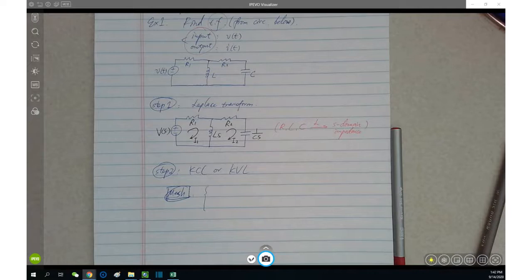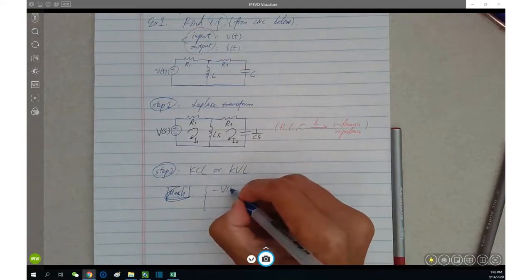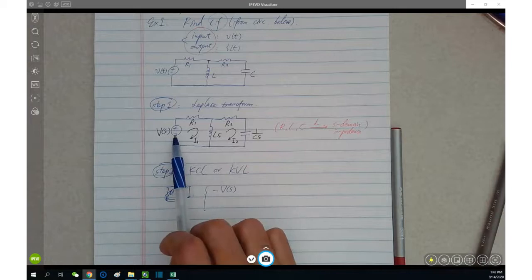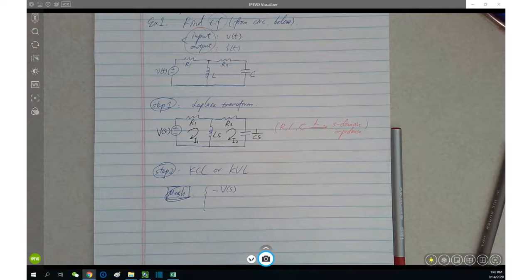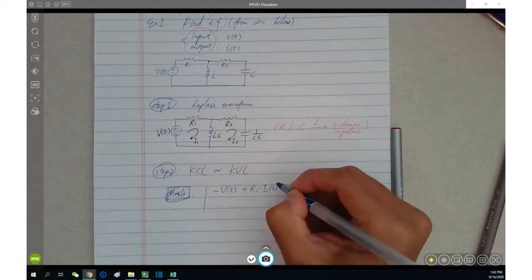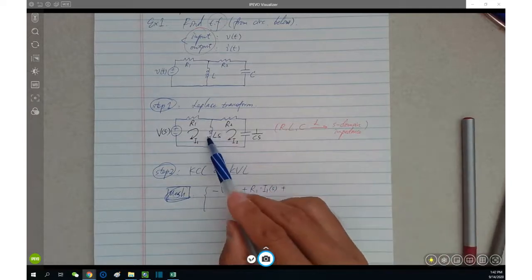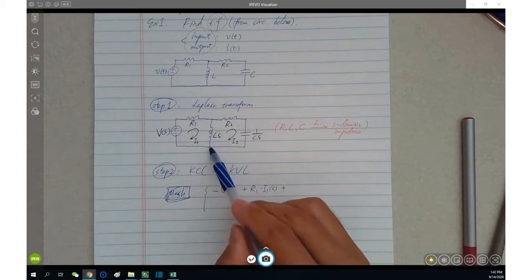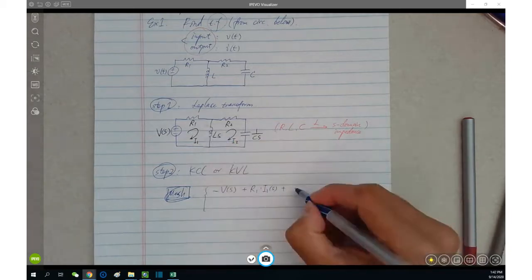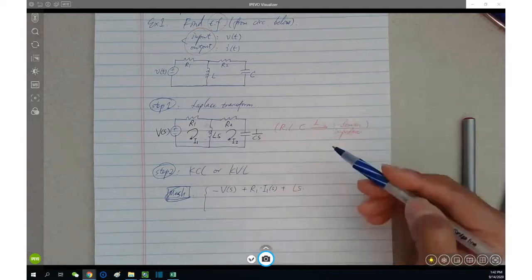Therefore, for mesh 1, we are rotating and seeing negative V of S first, because we come across the negative polarity first, followed by positive. So negative VS plus R1 times I1 of S. And then the voltage across the LS here, following this polarity: impedance times the current equals the voltage across it.